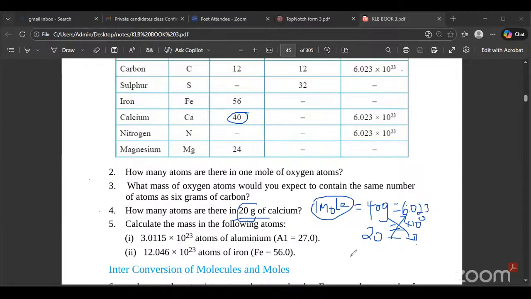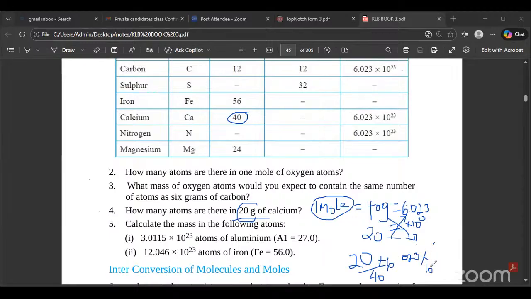So you will find that it is 20 over 40. Multiply up, and it is 20 multiplied by 6.023 multiplied by 10 raised to 23.